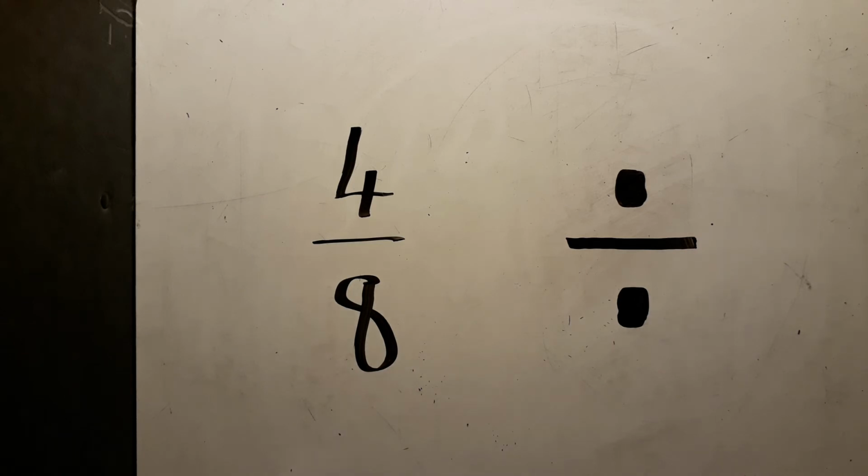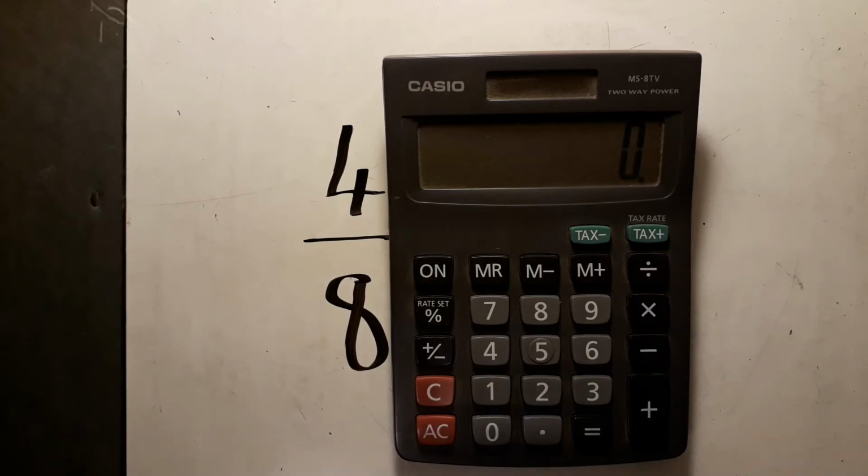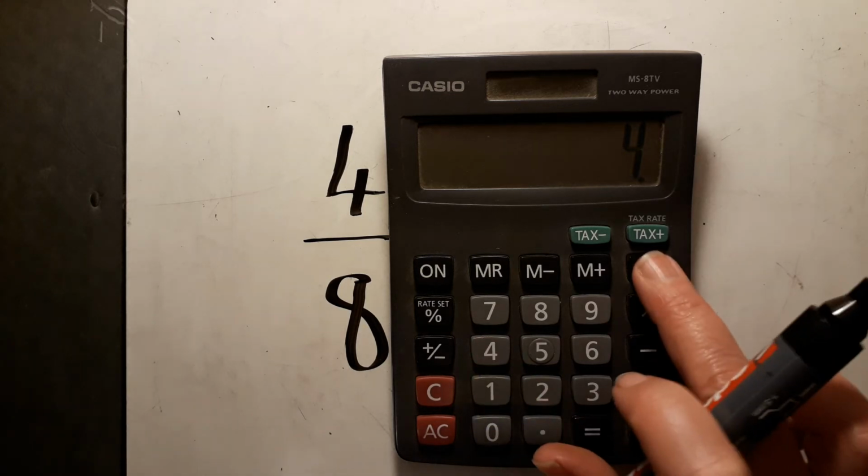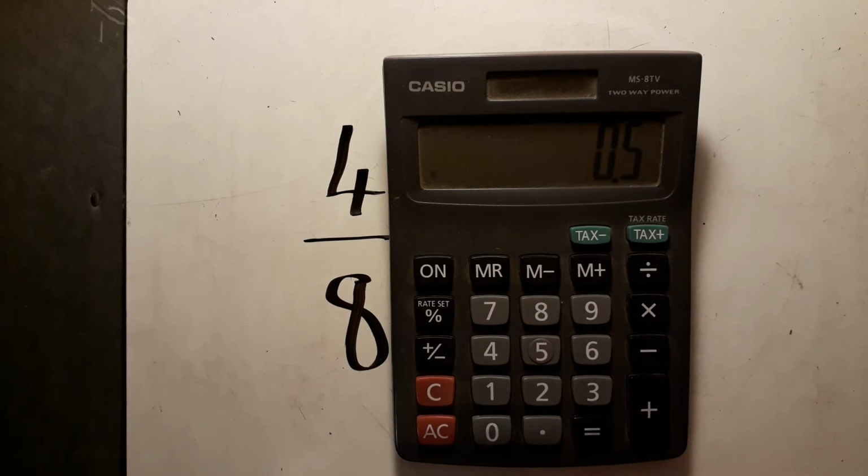If you've got a calculator you could work out 4 divided by 8. Here's my calculator. I think you can just make out the digit on the screen. 4 divided by 8 is the same as 0.5. We're coming to decimals, but we won't worry. We're just going to do it in fractions at the moment.